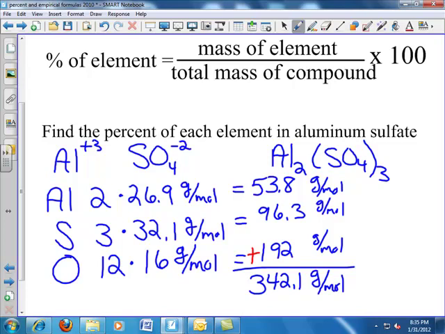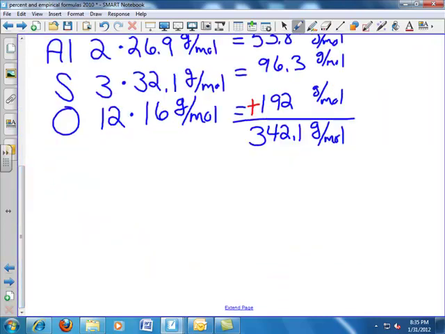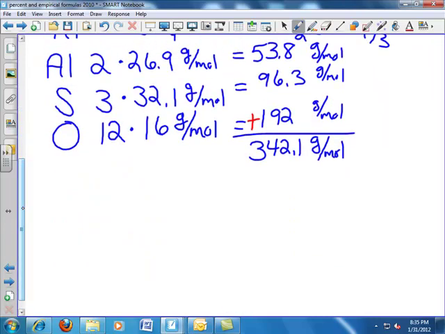So now, if I want to find the percent of each element, and that's the key word, I want each element, okay, what I'm going to do is go back to this equation, and I'm going to take the mass of the particular element divided by the total mass of the compound. Okay? So, I'm going to go down to this point.